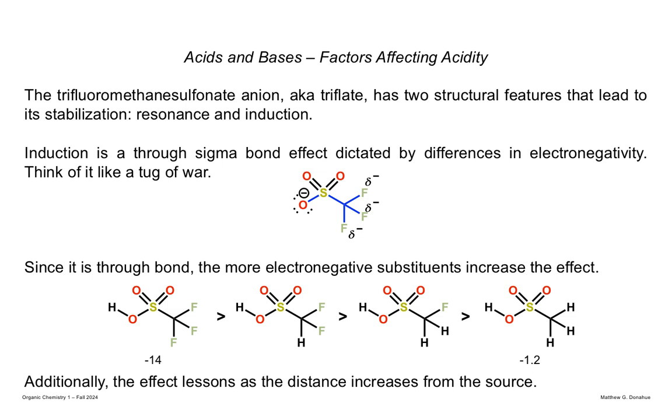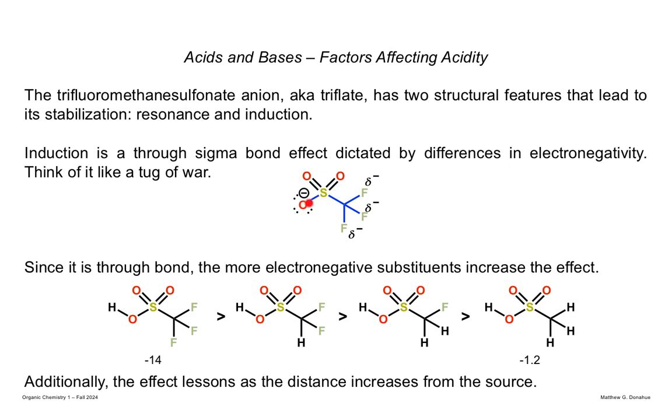The other explanation is called induction. And the way that I think about it, and I think the best way to visualize it, is that induction is like a tug of war, where the bonds are the rope in the tug of war. So highlighted in blue, you see that negative charge.